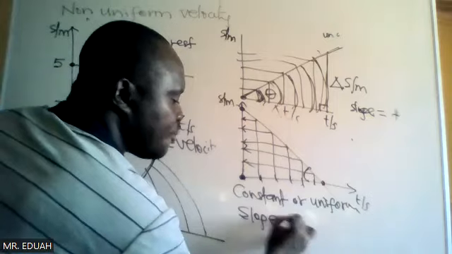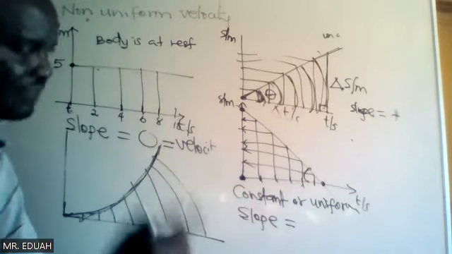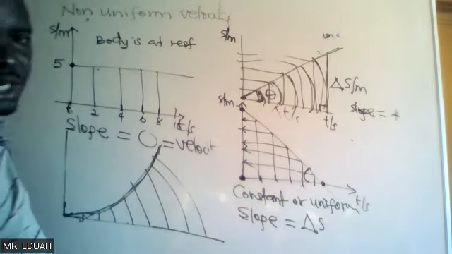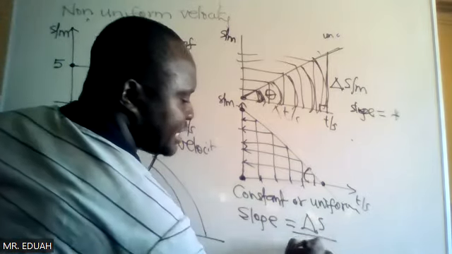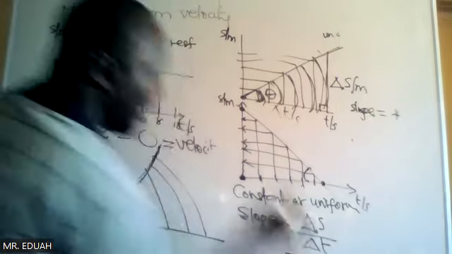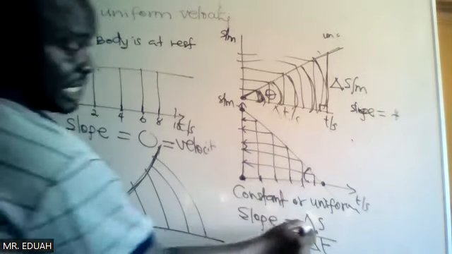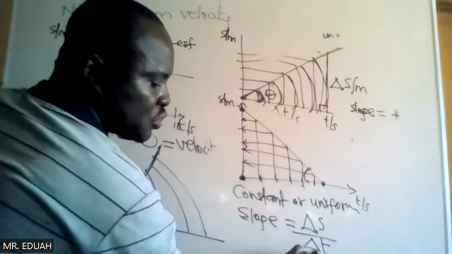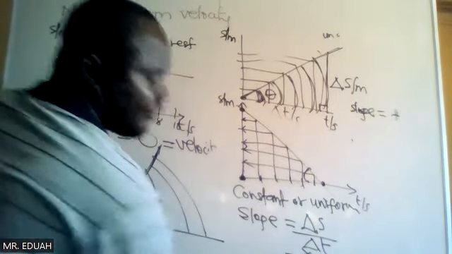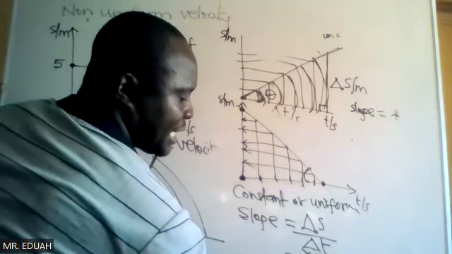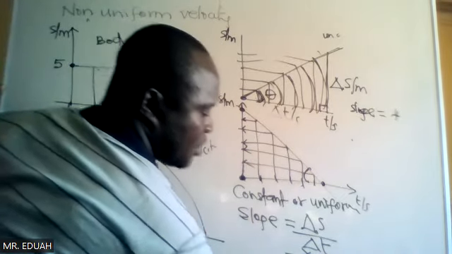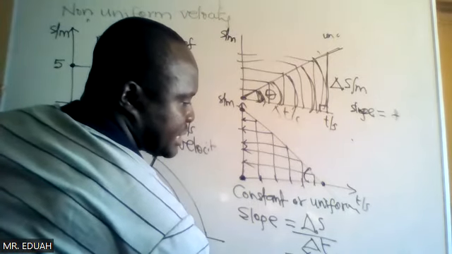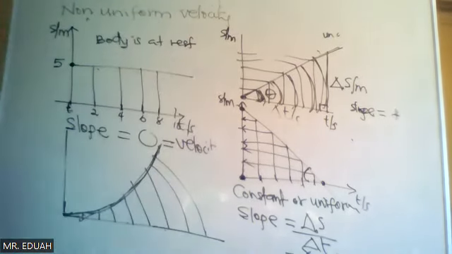And so the slope will be negative, because slope is the change in displacement or distance over the change in time. Now, when you calculate, the change in displacement is always equal to the final displacement minus the initial displacement, over t final minus t initial.